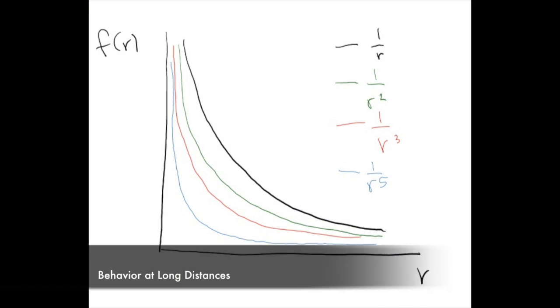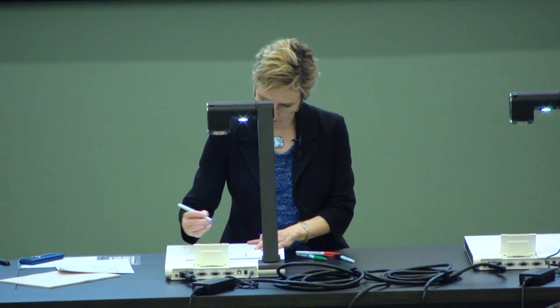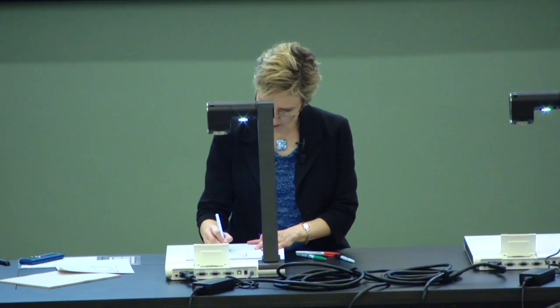If I had something that fell off like 1 over r, it's actually up here. 1 over r cubed would be down here. 1 over r to the 5th you've also seen in class. It would be way down here. The blue was 1 over r cubed. All of these have to go to 0 at infinity.